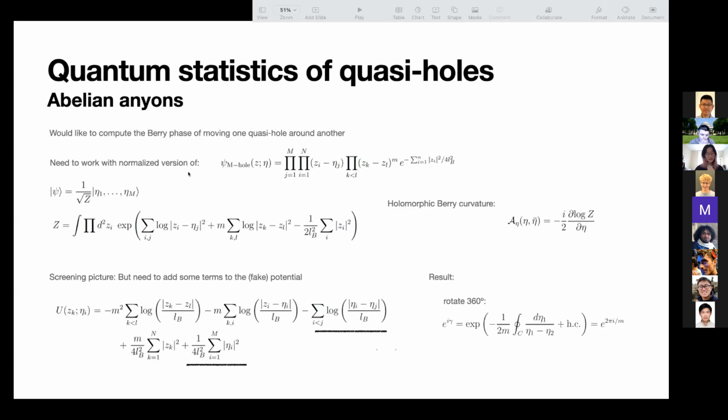But a caveat is that in order to compute the Berry curvature, we need to work with a normalized version of this, which is this one, where C is just the partition function we get in the plasma analogy.